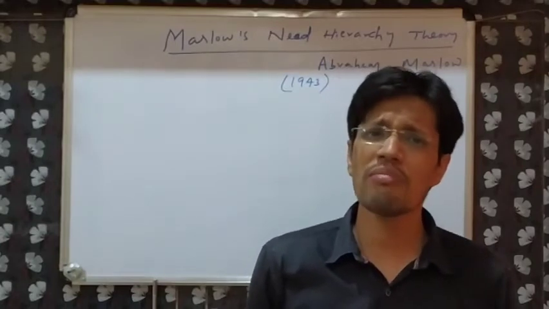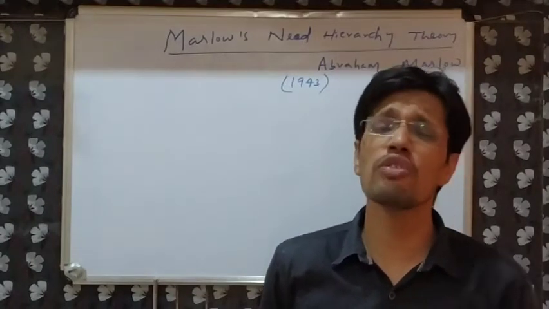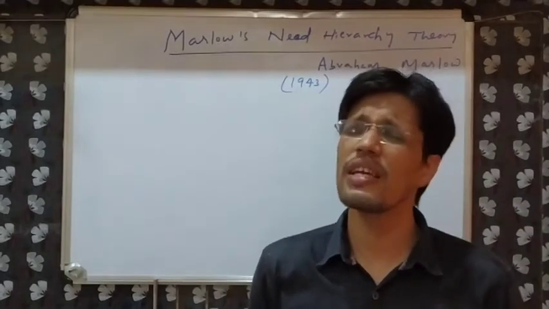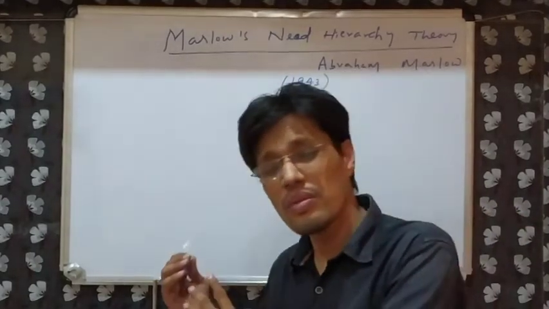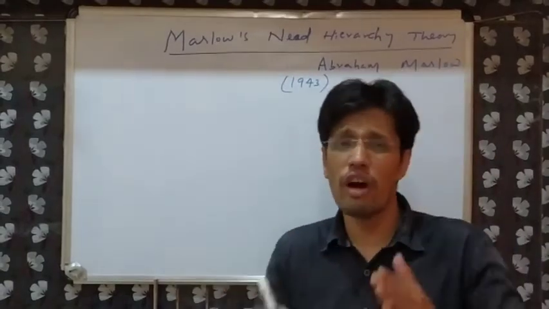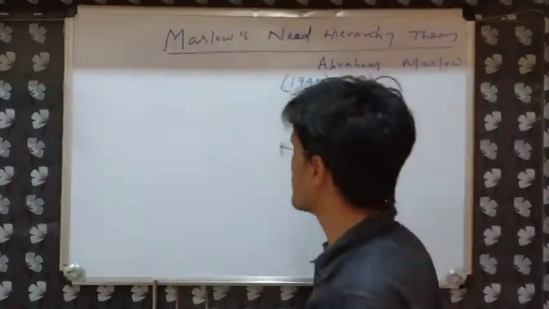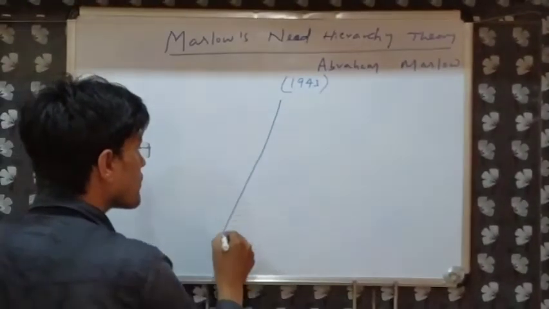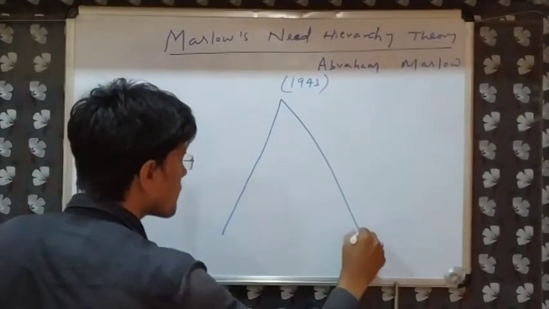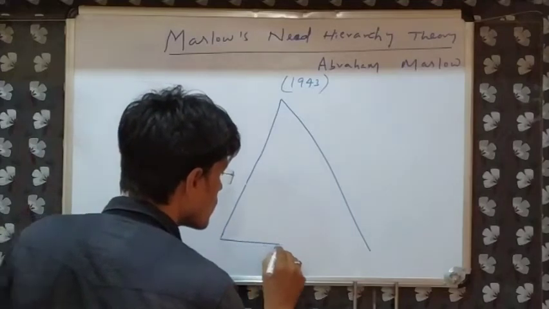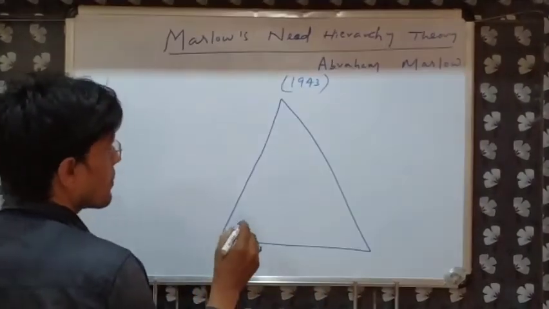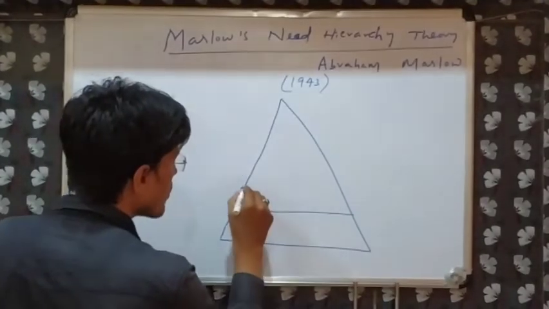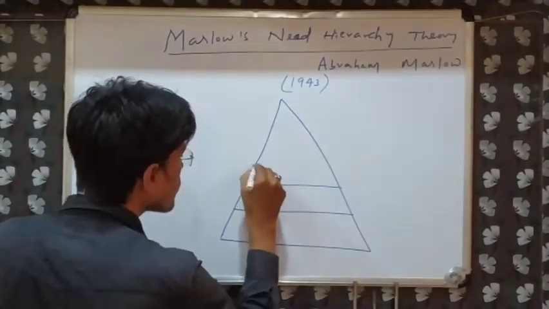So Professor Maslow tried to set human wants into 5 stages, which he interpreted in the form of a pyramid. He labeled the needs into 5.